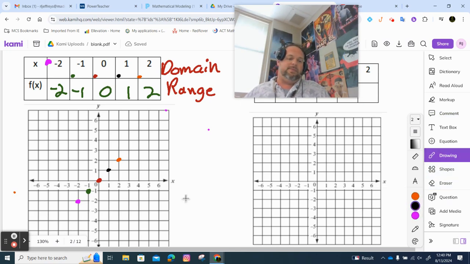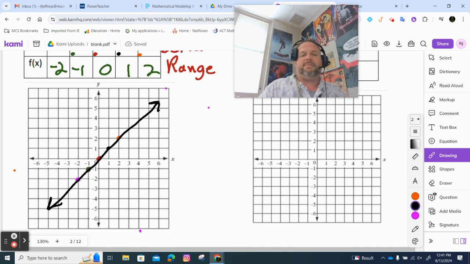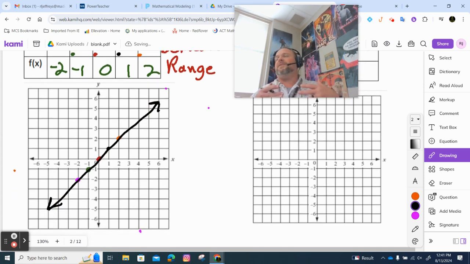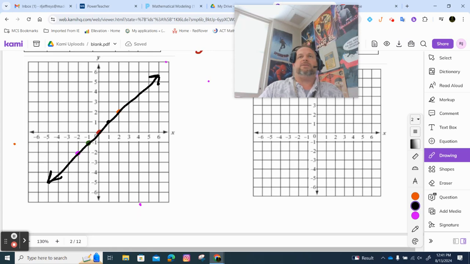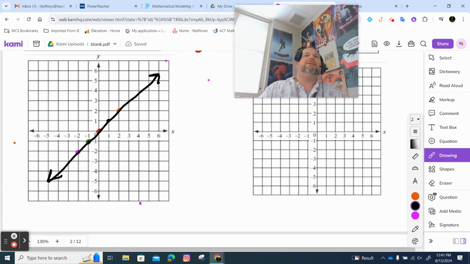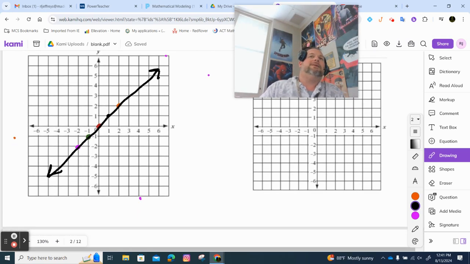Now this function actually has a name when it looks like this type of function. It's a what? No, say it again.